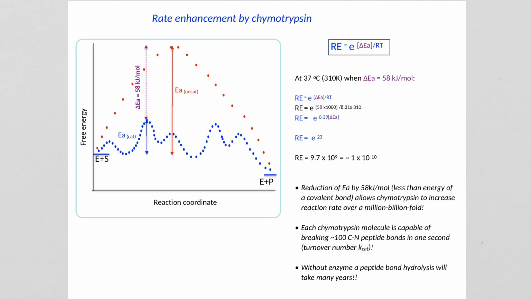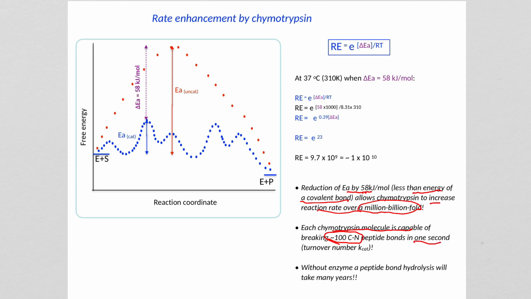So chymotrypsin, by reducing the activation energy by 58 kilojoules per mole, that's not much. That's basically less than the energy of a covalent bond. What chymotrypsin has done, it has increased the reaction rate over 1,000,000 billion fold. Each chymotrypsin molecule can break about 100 peptide bonds in 1 second.